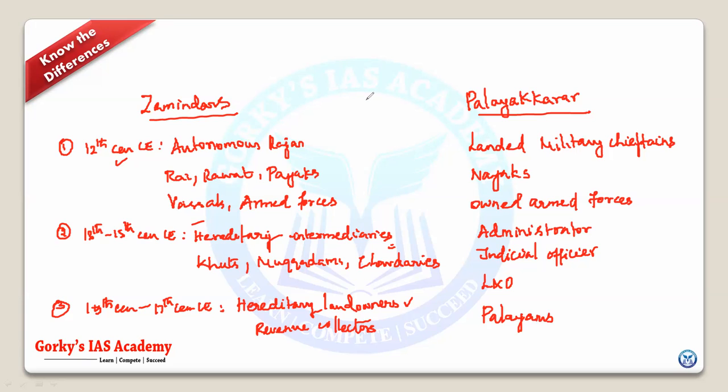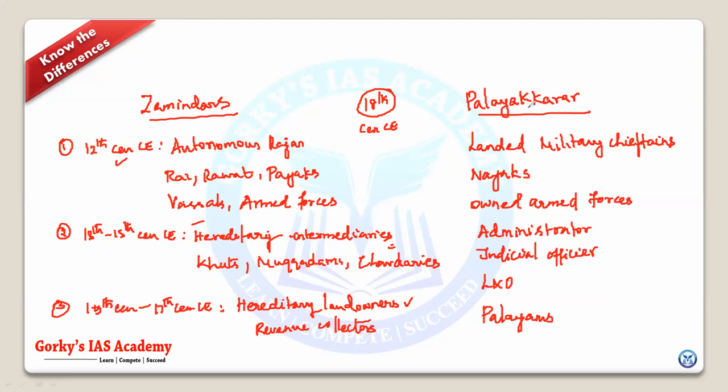So during the British time in the 18th century, the character of the entire Zamindars and Palayakkars changed. Zamindars were disbanded with their army and they were converted into mere agents of collection, whereas the Palayakkarar system was abolished and the Palayakkarars who were loyal to the British were converted into Zamindars in the said conditions.